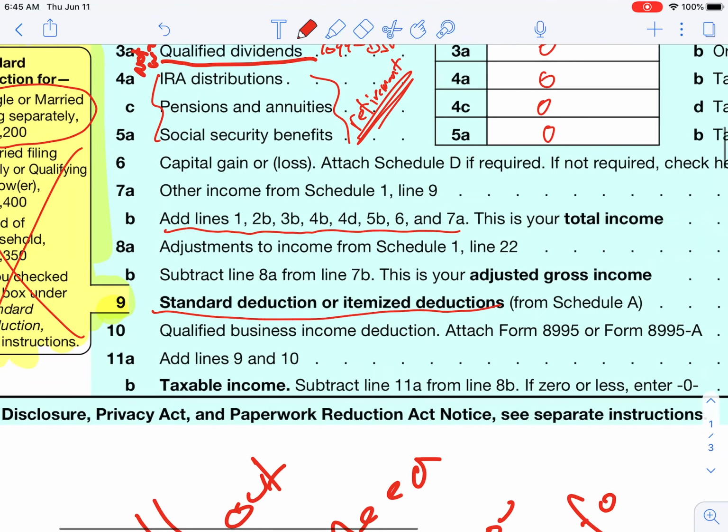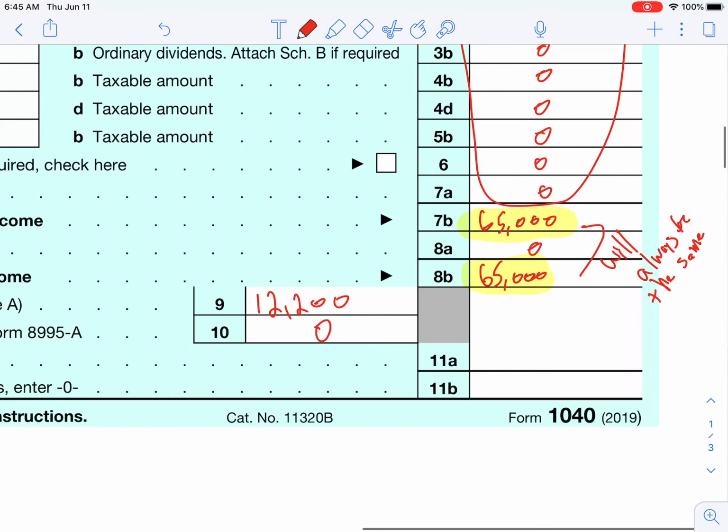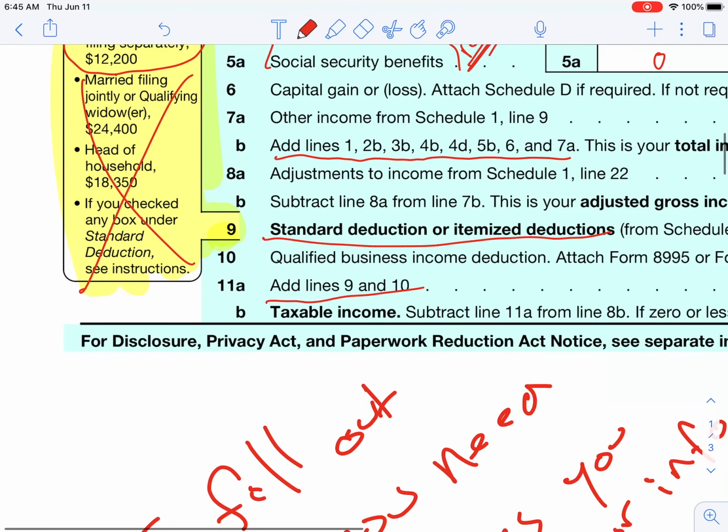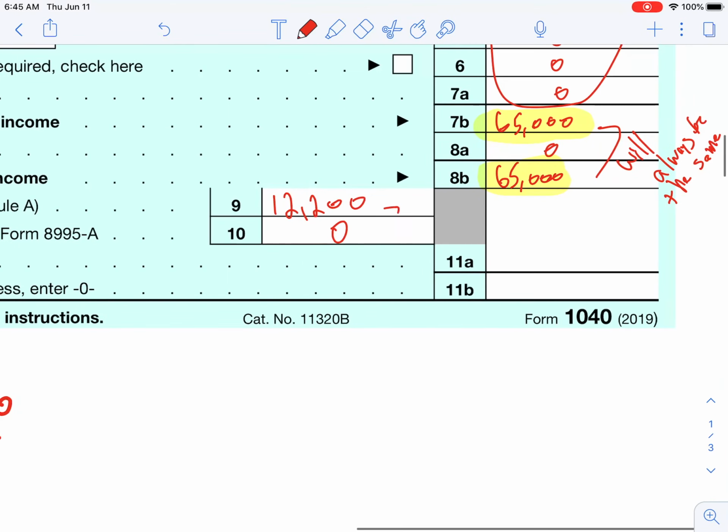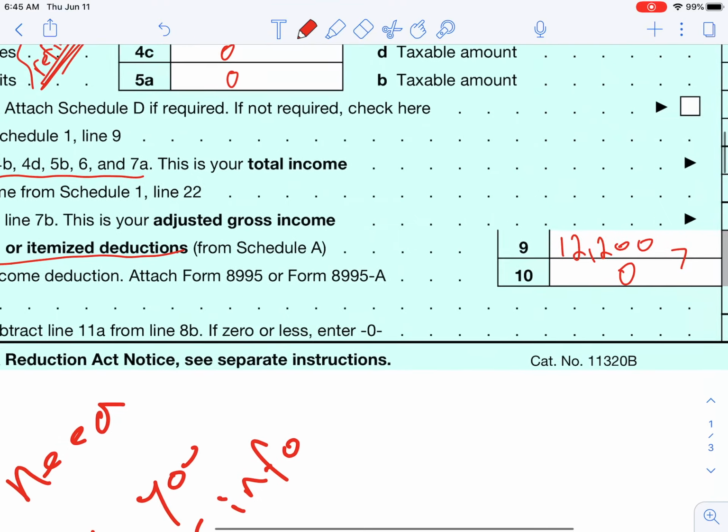Number 10, you're never going to have anything in there for a qualified business. Not for us, not right now. Number 11, just add up these two. So 11 is always going to be, for us, $12,200.